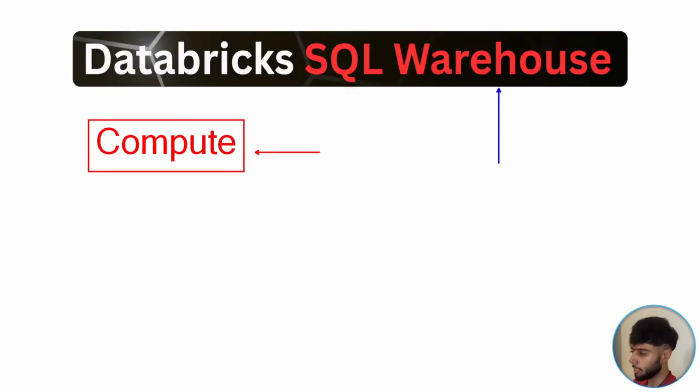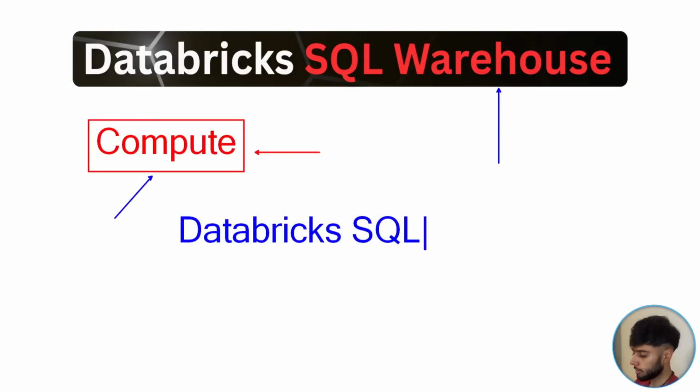Maybe your data scientist will be using this data. So we have to share it with the help of a warehouse, right? So that is why Databricks created this special compute called SQL warehouse. And do you know what was the previous name for it? I think it was called Databricks SQL endpoints.